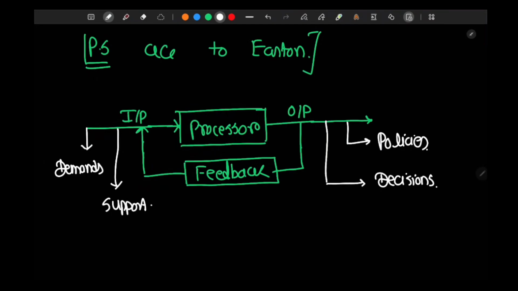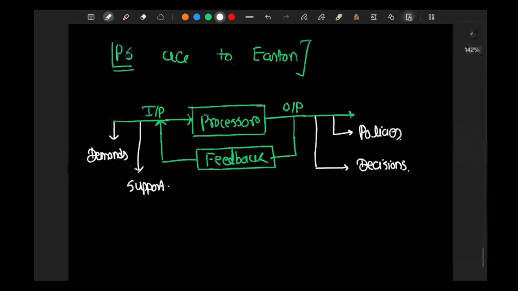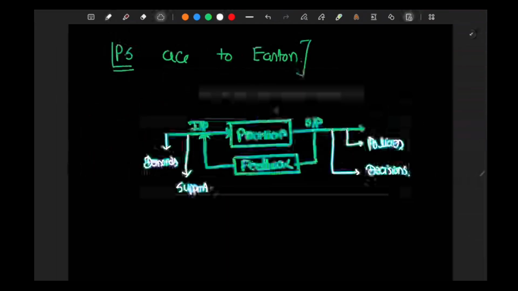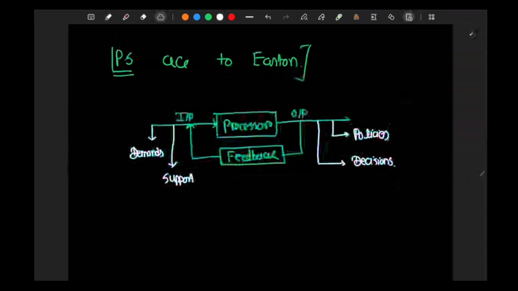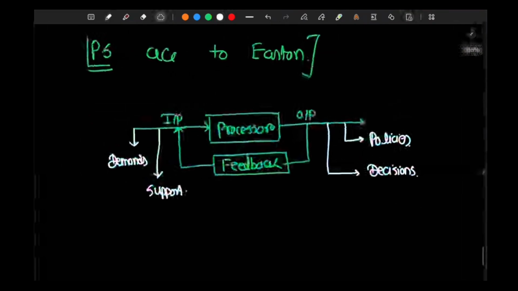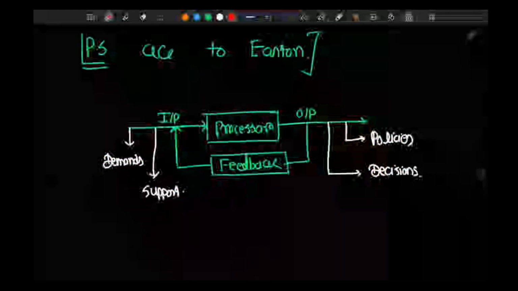There is feedback as well, right? I will make this a bit smaller so that you are able to see everything. Let's make it smaller as well.